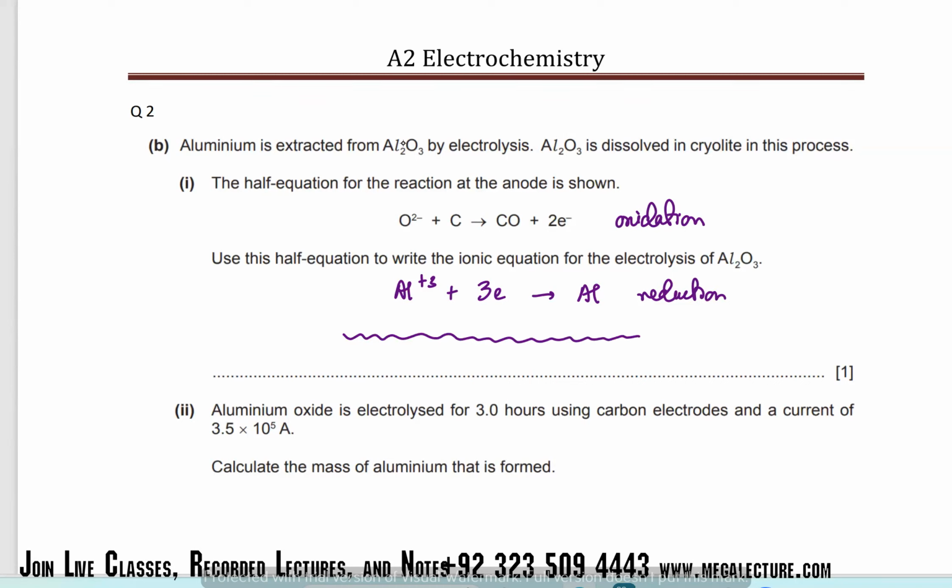The electrons are not equal, so I'll multiply this by 2 and the other one by 3. So it's going to be 2Al2O3 plus 3C, and the product is going to be 3CO2 plus 4Al.